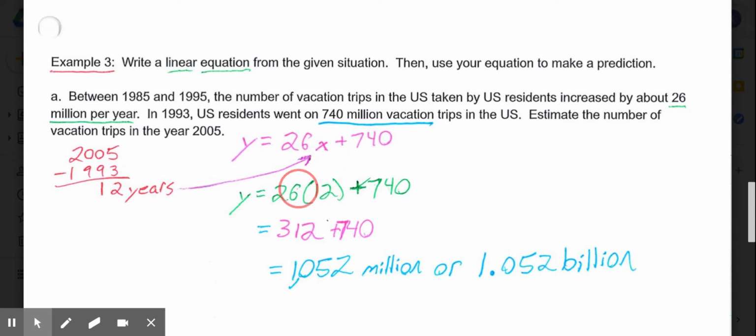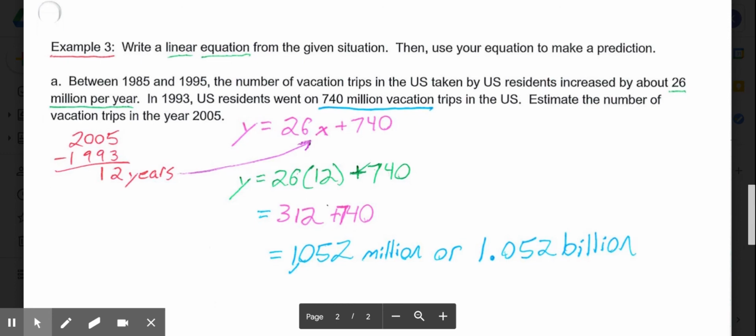So 12 times 26 is 312 plus the 740 gives us 1,052 million trips, which 1,052 million is the same thing as 1.052 billion trips.